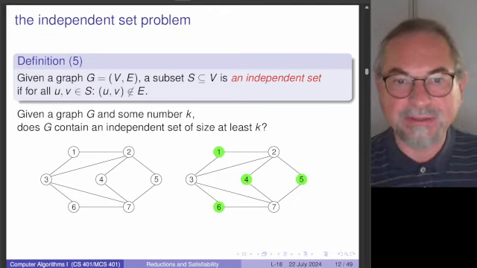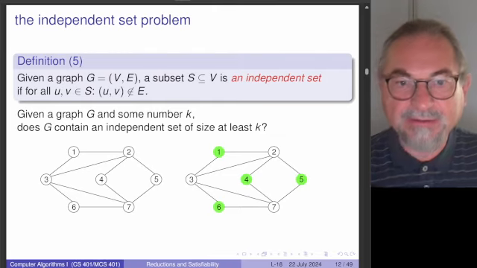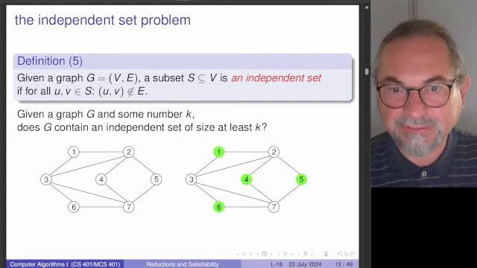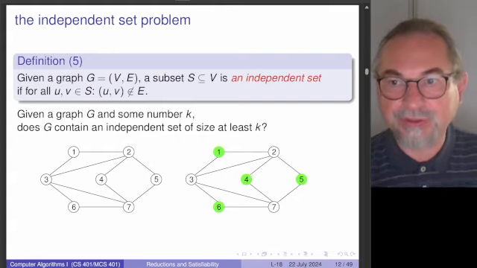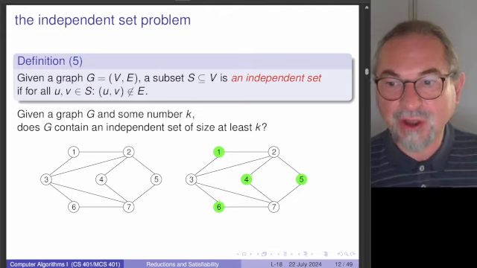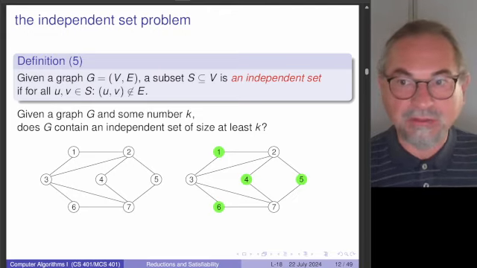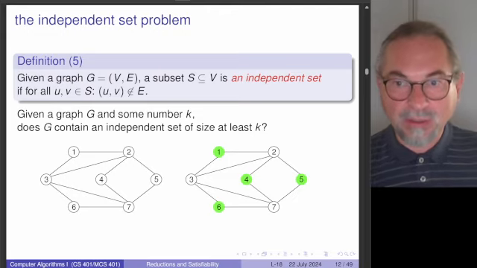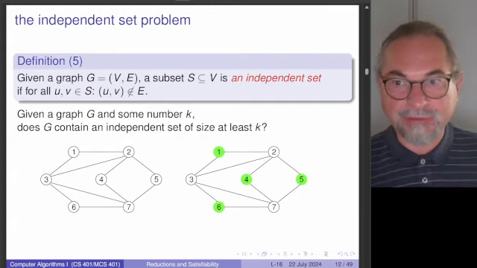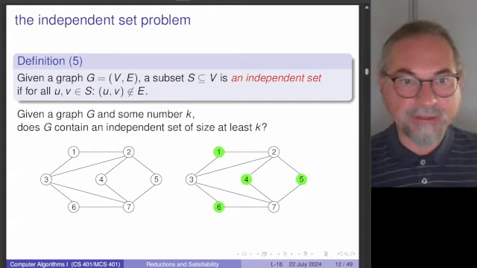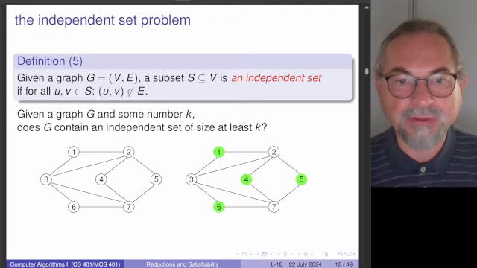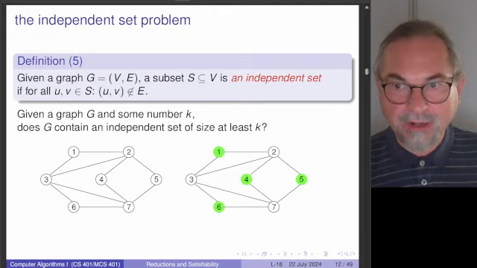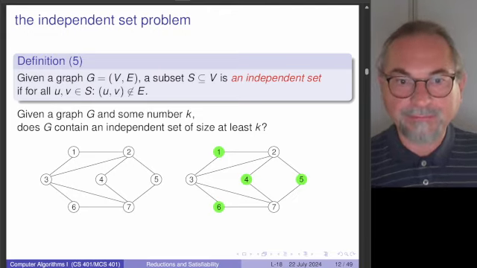Here you see an independent set highlighted, a set of 4 vertices. In the interpretation of a social network, if this graph of 7 people encodes their relationships, then 4 of those 7 people are independent of each other.